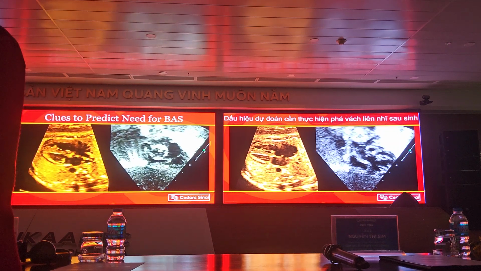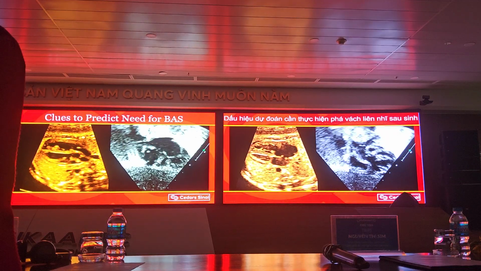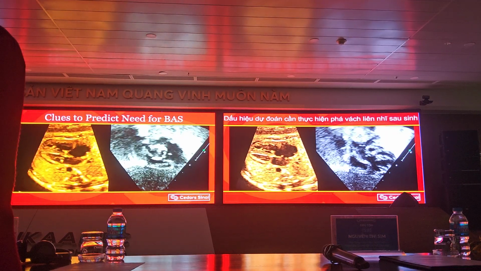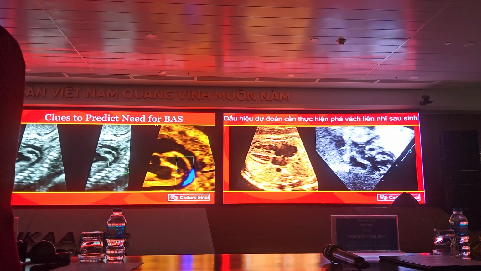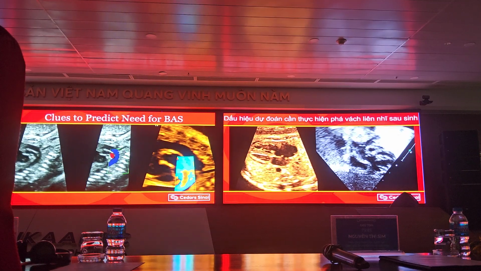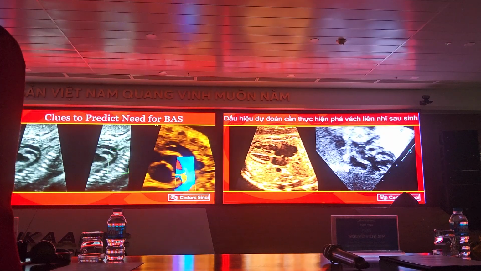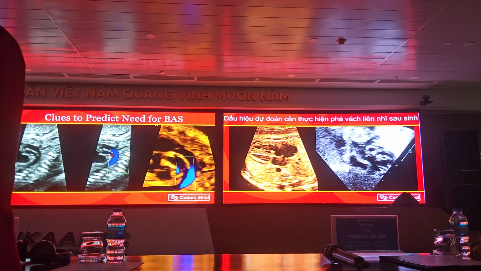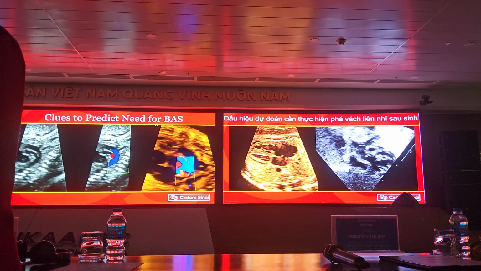There are things we can look at. This, by the way, is the balloon being pulled across the PFO after birth. But we can look at a couple of things. We can look at the direction of flow in the ductus. If there's bidirectional flow, that's a risk factor because this fetus may require an early balloon, or you can look at the flap of the foramen and try to guess, and there are certain markers.